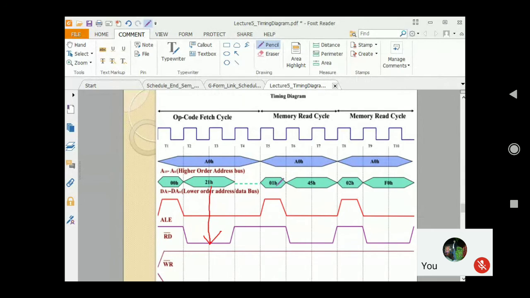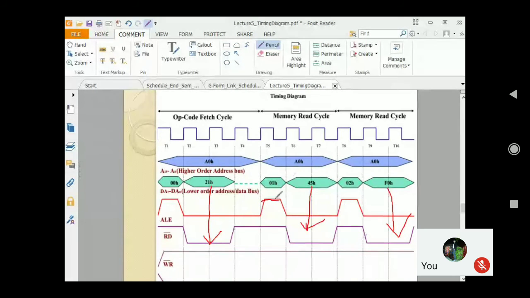This is just the generation of the lower order address, so ALE is enabled high, and I only need it for the completion of the T1 state. After that, for loading this one, RD bar is low again, and for the other memory read, it is also low here.